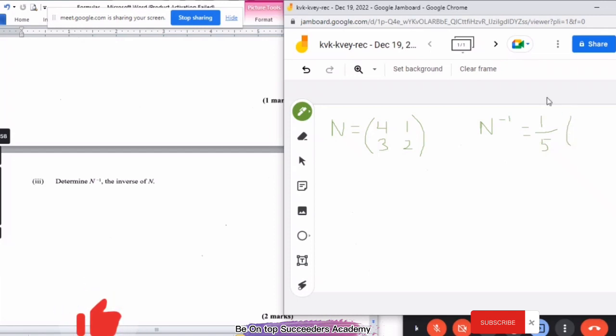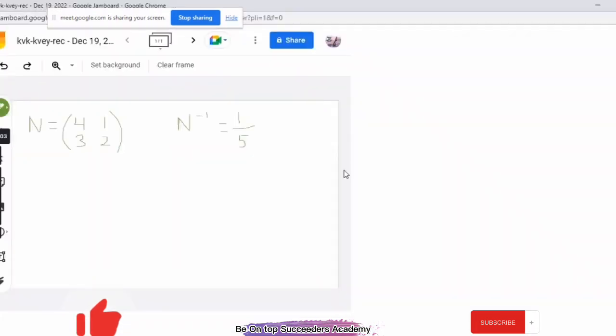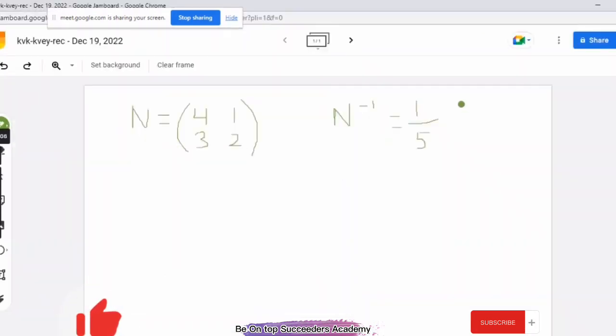Of course, you needed to find the determinant, followed by the adjoint matrix, right? So you see I have 1 over 5. How did I get that? Well, we did determinants already, where you usually have A multiplied by D minus B multiplied by C. So it would have been 4 multiplied by 2, which is 8, minus 1 times 3, which is 3, which would have given you 5, right?